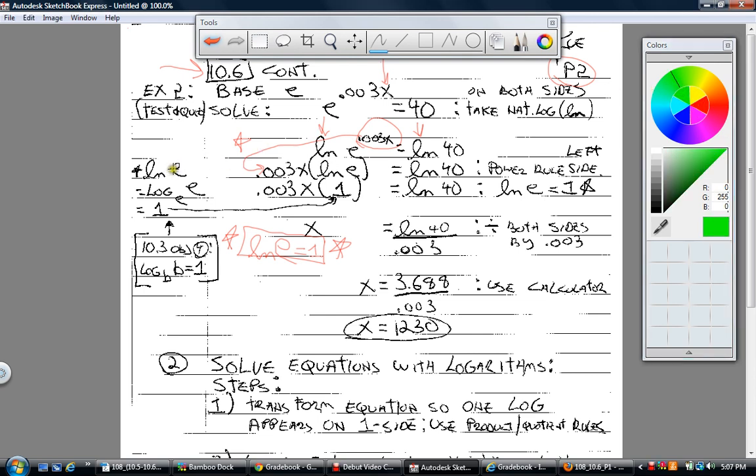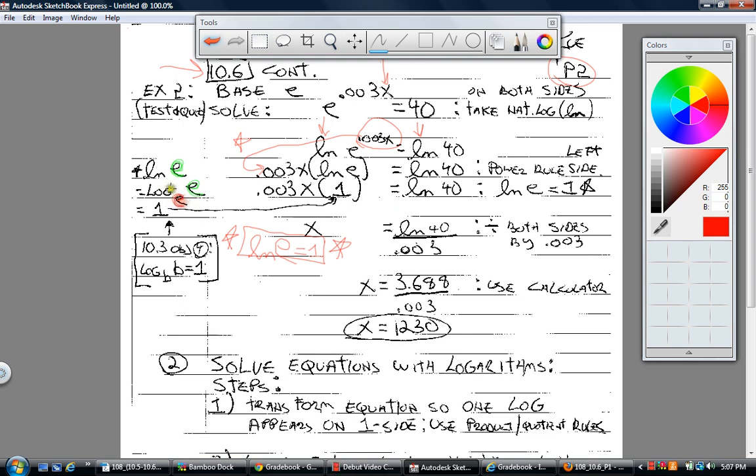I'm going to make the result e green, and when I converted natural log into log, L-O-G, the base was e, red e, I'll call it.